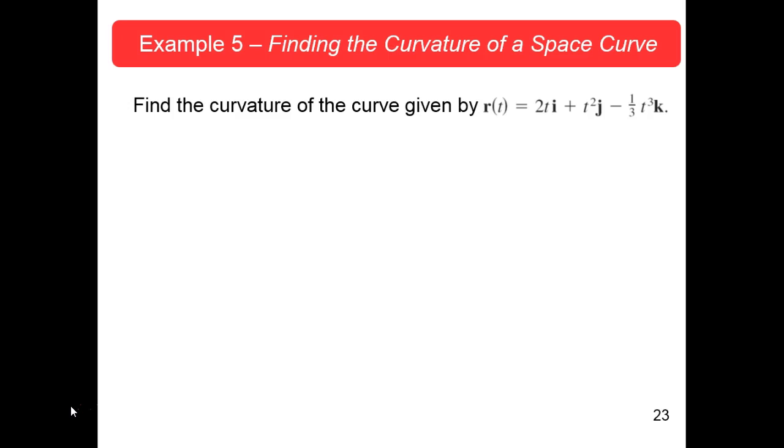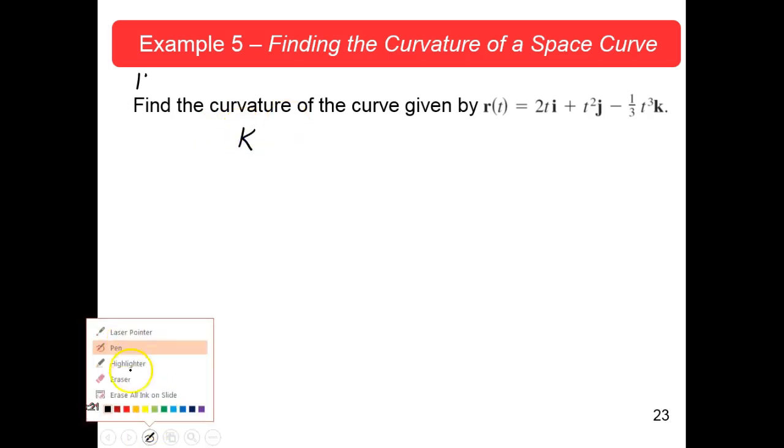All right. Now, we're ready for example 5. Find the curvature of the curve given by r of t equals 2t i plus t squared j minus 1/3 t cubed k. Now, thinking back about what your kappa is, that's what we're looking for. Oh, let's write it below it. What is curvature, kappa? I like to call it kappa.